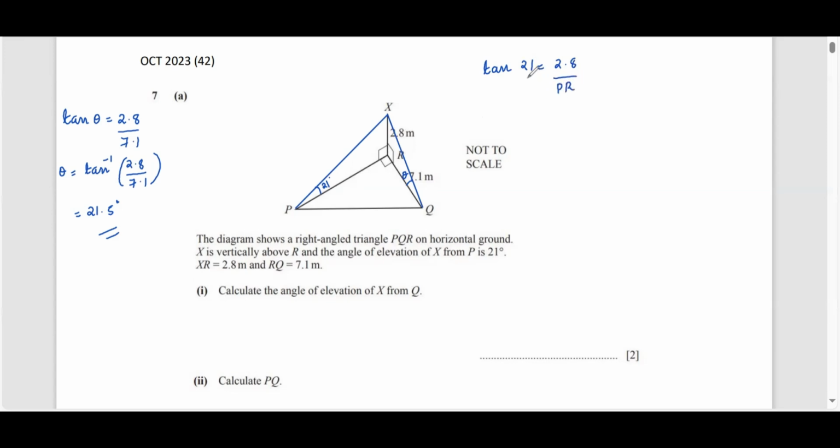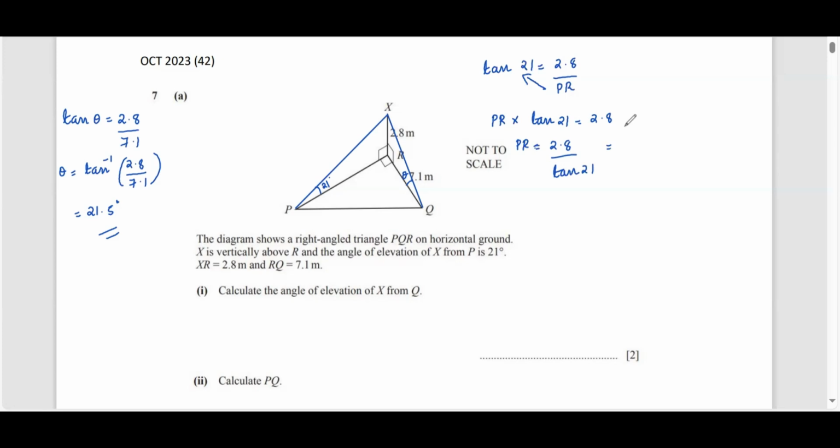So we cross multiply this. PR into tan 21 is equal to 2.8. So PR will be 2.8 divided by tan 21, which will give me 7.3.